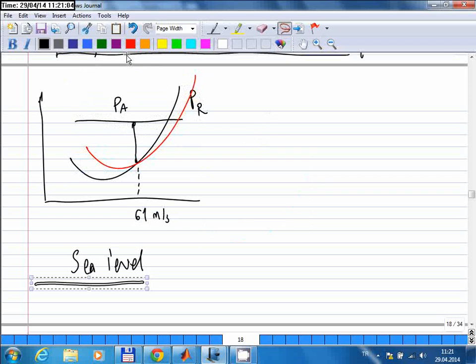Let me show that like this. So the red curves are for h equal to 1.5 kilometers.